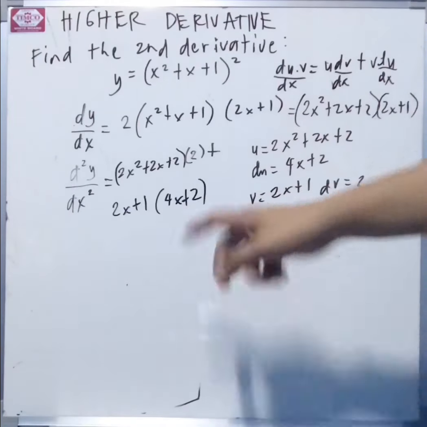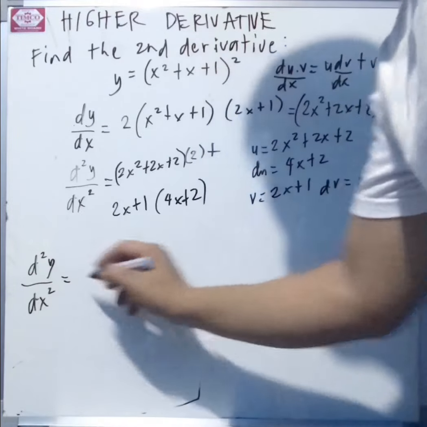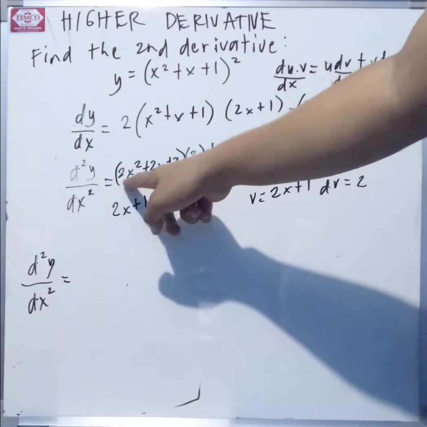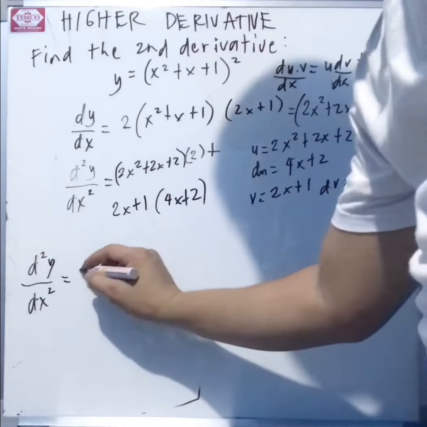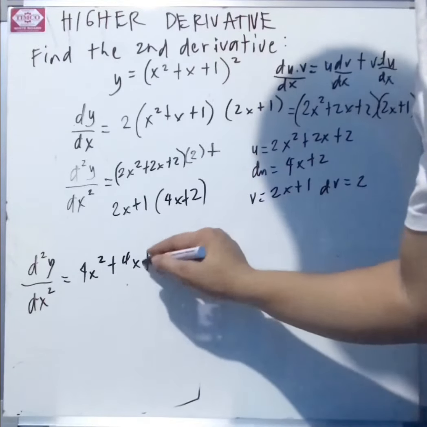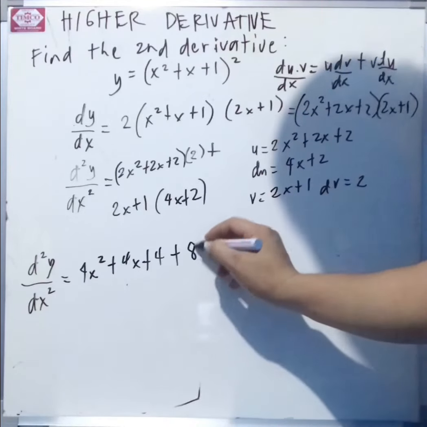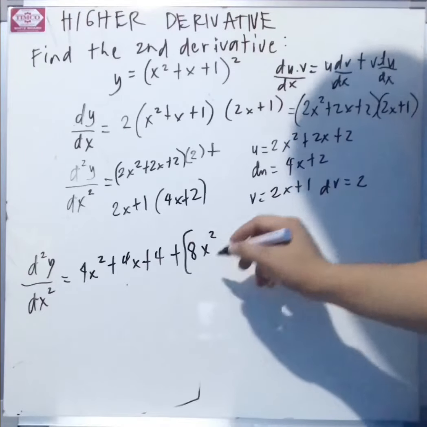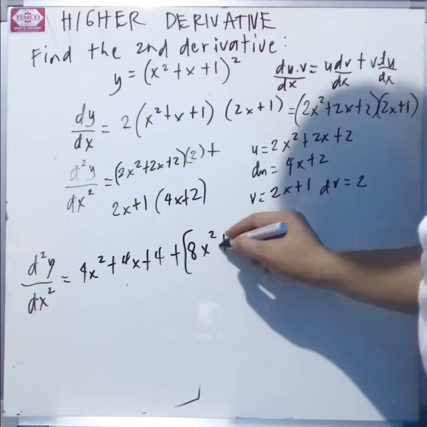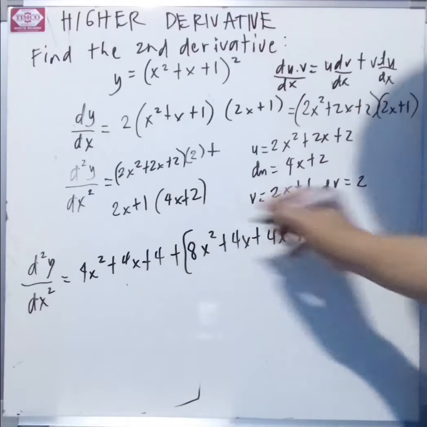So that's it. The second derivative of y over dx squared is equal to, let's simplify: 2x squared times 2 is 4x squared, plus 4x plus 4, plus 2x times 4x is 8x squared, plus 4x, plus 4x, plus 2.